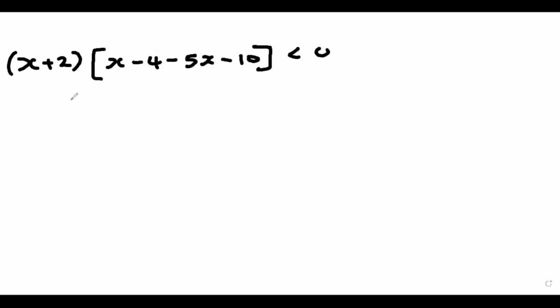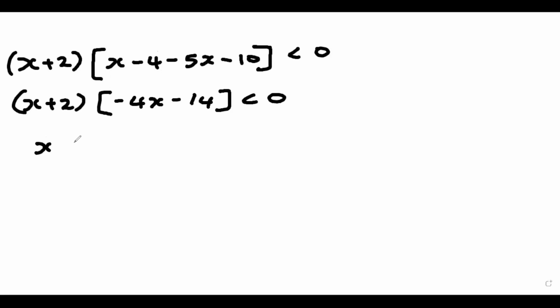So now you'd have x plus 2, and if you simplify what is inside the bracket, that would give you x minus 4, then minus 5 times x, which is minus 5x, and minus 5 times 2, that will give you minus 10, less than 0. Then you simplify again, so that's minus 4x minus 14, less than 0.